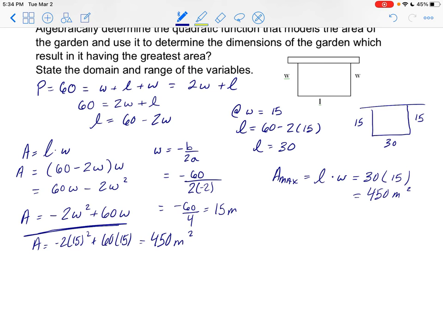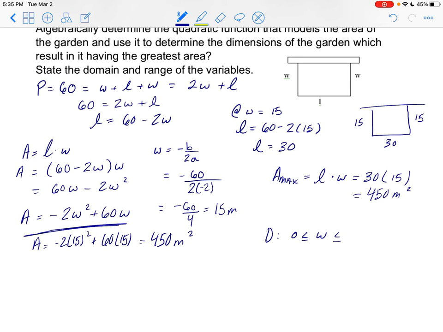We can't have negative distance of fencing. That doesn't make any sense. So we know that the domain for our width is at least going to be this much. Just can't go negative. But what's the maximum value?